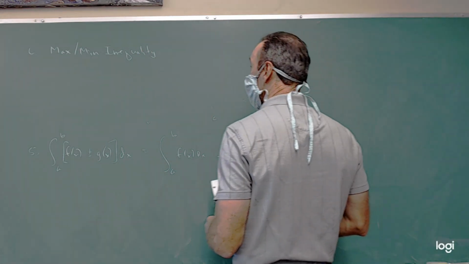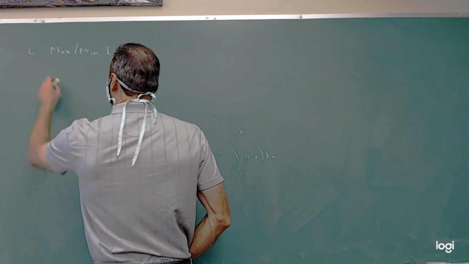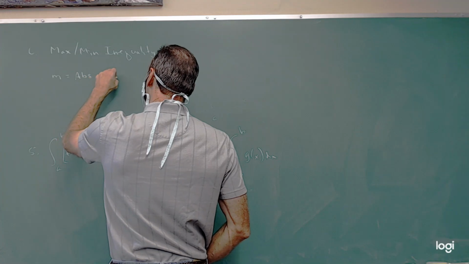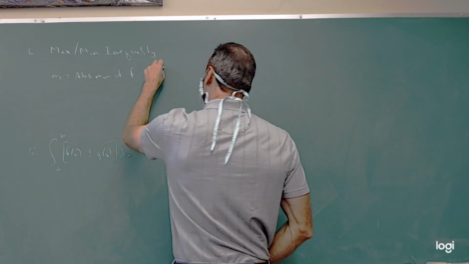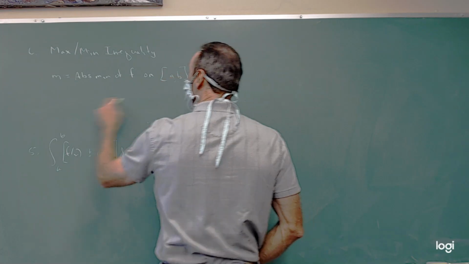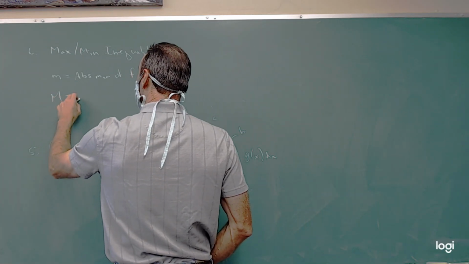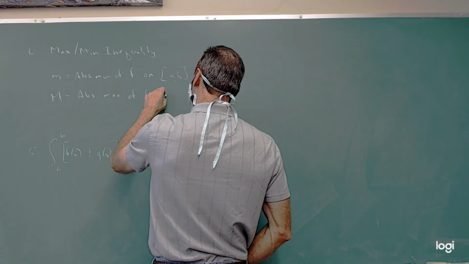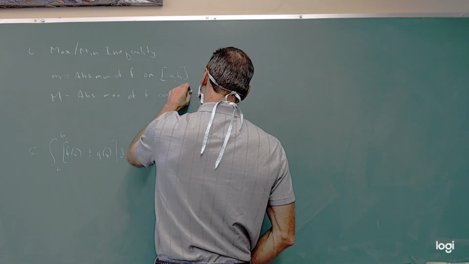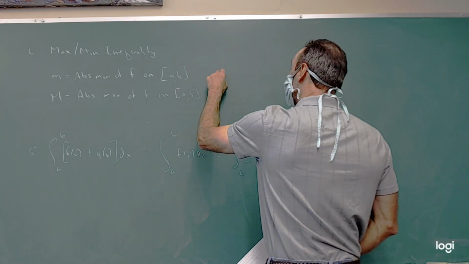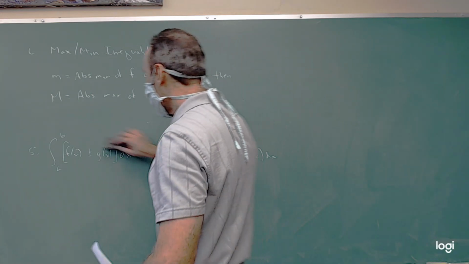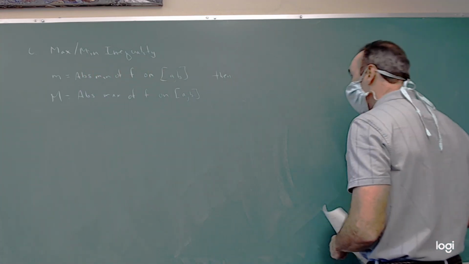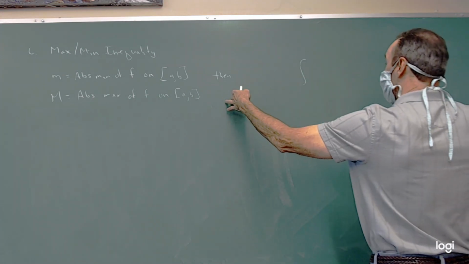So the idea is if you say little m is the absolute minimum of f on that interval from a to b, and capital M is the absolute maximum of f on that interval from a to b, then we can say, I'm going to put an inequality around this.